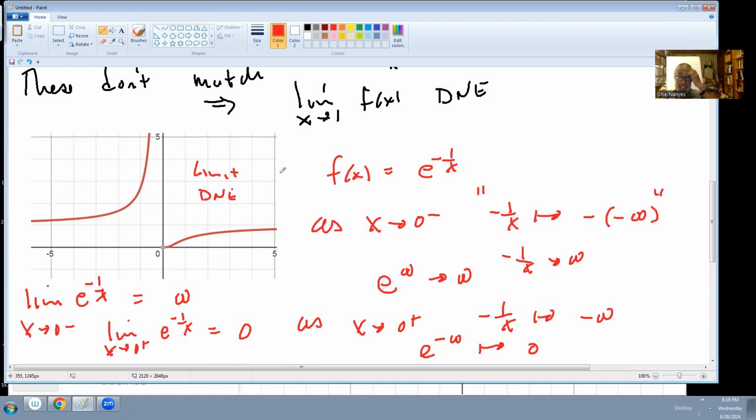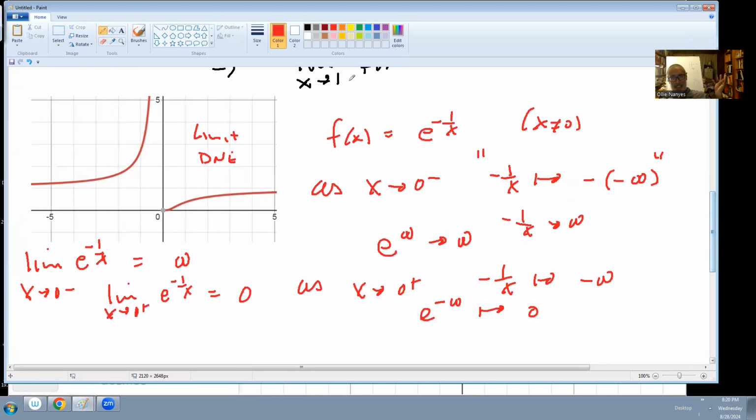I should say x not 0. You can make it 0 at x equals 0, I guess. But the point is that you have a single formula, and again, you don't really need the minus. But we can see that this shoots up, so you have a one-sided asymptote, then you have something that approaches 0. So when it comes to one-sided limits, you can have weird stuff like this happening.